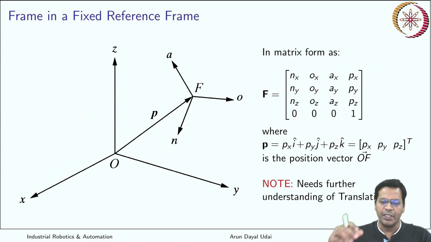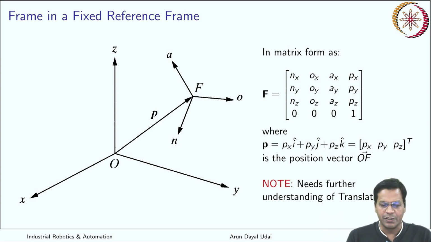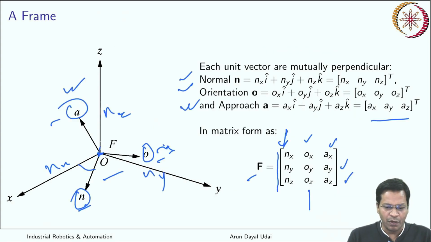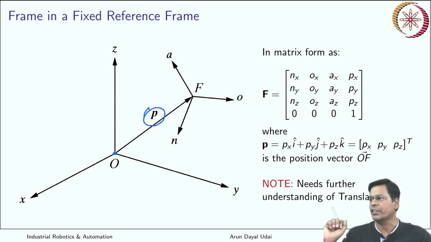Now a frame in a fixed reference frame. This frame is now displaced from here and has come to a new location, so it is no more at the origin. There is a vector with which your frame is dislocated from the origin. So it doesn't just have orientation, it also has a position dislocation.